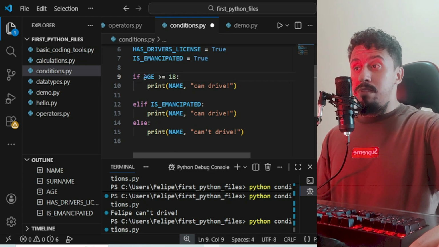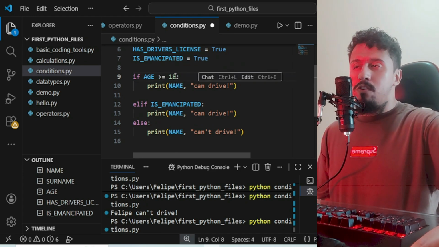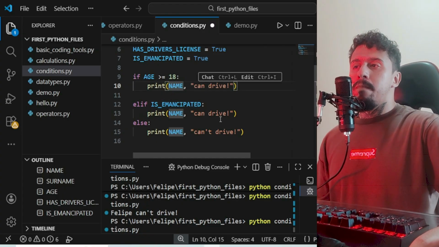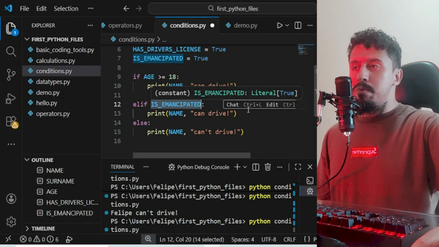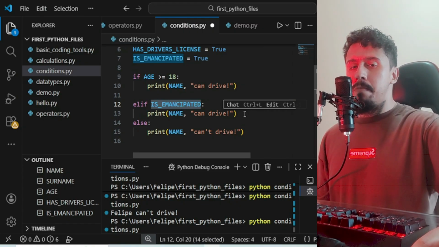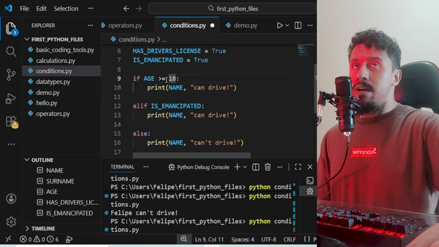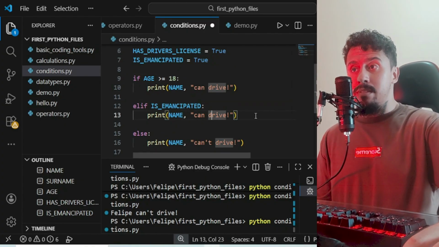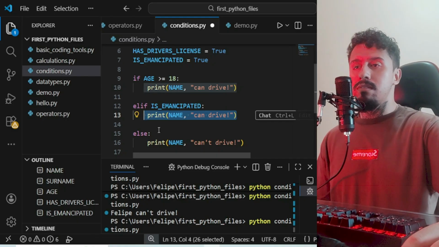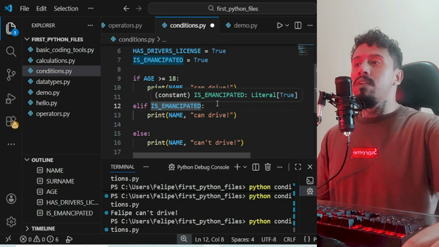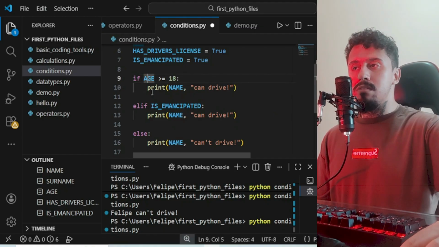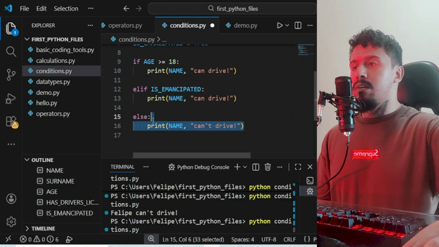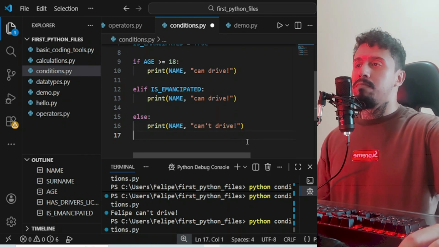And if the person is not older than 18, we check another thing: if this person is emancipated. Even if this person is not older than 18, if this person is emancipated, the person can drive. Okay? And only if these two conditions are false, then we tell that the person cannot drive.